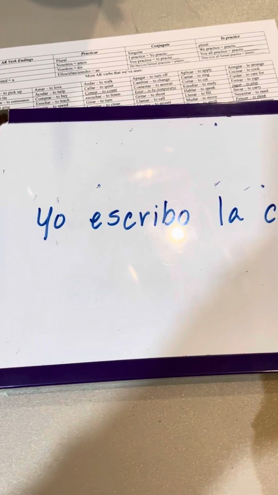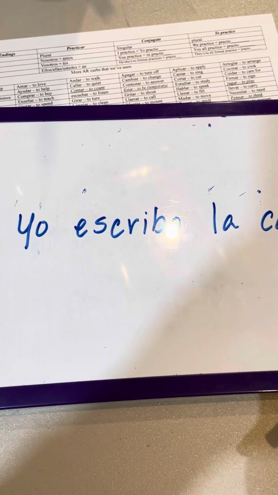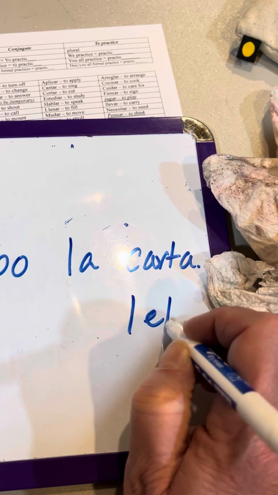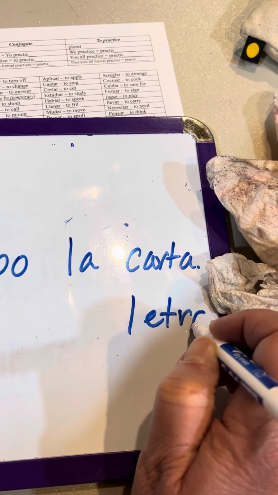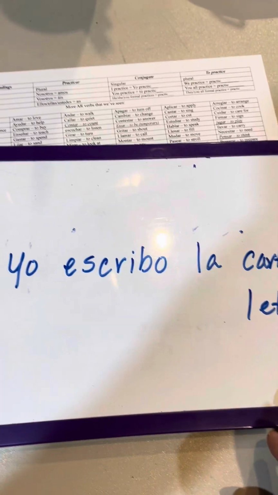That would be a letter that you write to your grandma. If it's the letter, like an alphabet, yo escribo la letra. Okay, so letter, carta, is what you send in the mail. Letra is one of these guys.